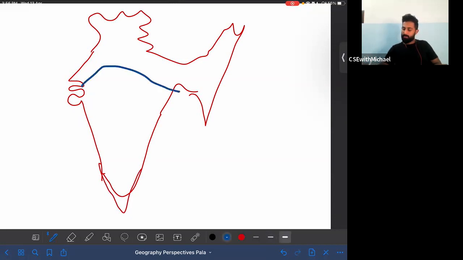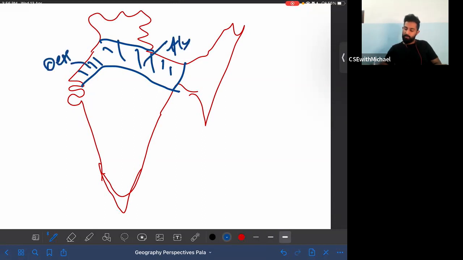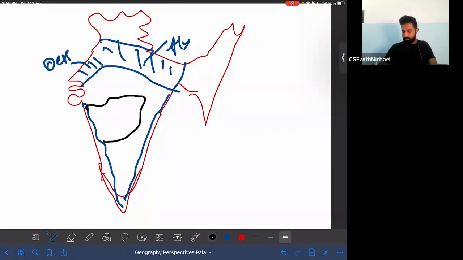For example, there is alluvial soil. This is the desert gradient of it. You have the coastal alluvium. Roughly speaking, in between you have the black soil region.